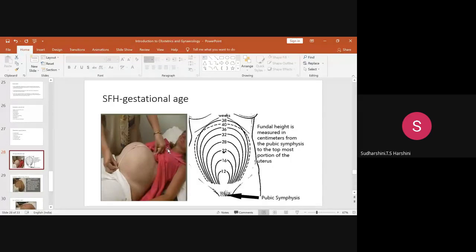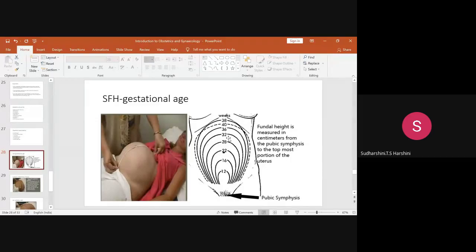If the fundal height corresponds to 28 weeks, the symphysio-fundal height will also be 28 centimeters. From 14 weeks till 32 weeks, the symphysio-fundal height will correspond to the fundal height in centimeters.